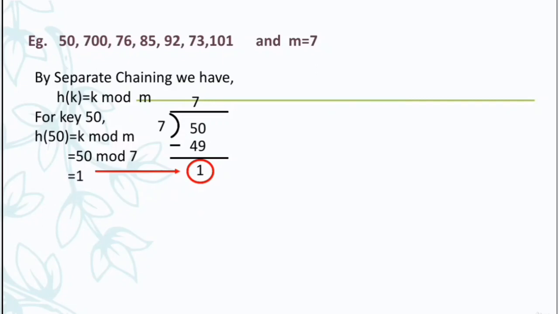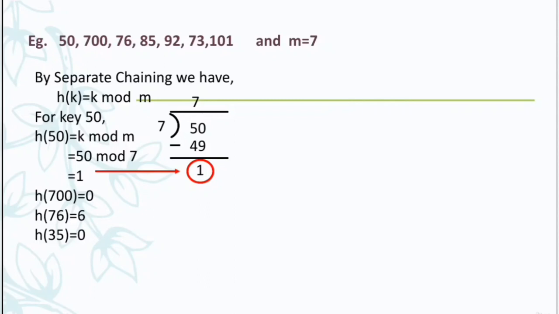So the answer for h of 50 will be 1. For the key value 700 we get the value 0. For key 76 we get the value 6. For the value 35 we get the value 0.